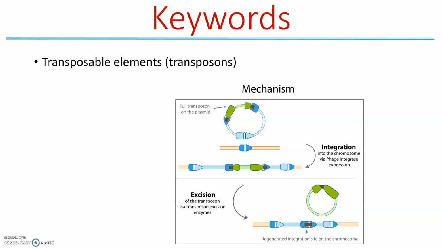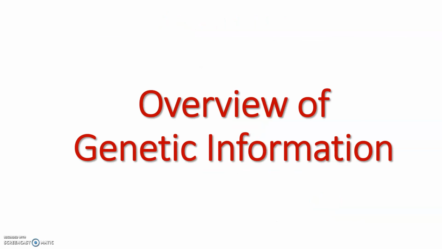So they can move around our genome, and we'll talk about this more in detail in an upcoming video. Okay, so those are just a couple keywords to introduce you to some things that might not be a review to you. These are some things that you might be hearing for the first time. And I didn't go through all the words, so some of them will be explained in more detail in the text.